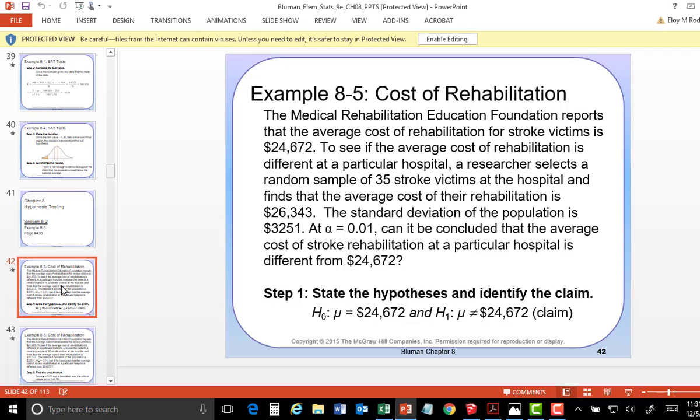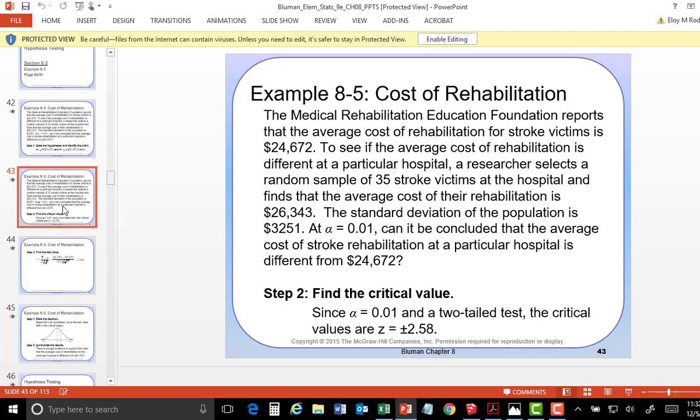The standard deviation of the population is given, and alpha is a significance level of 0.01. Can it be concluded that the cost of stroke rehabilitation at a particular hospital is different? Not less, not greater, but not equal to that. So, then we go here.